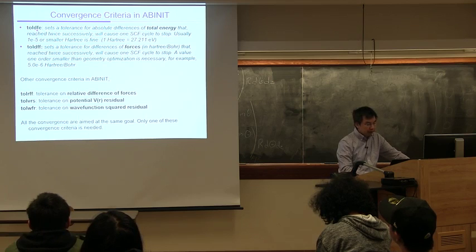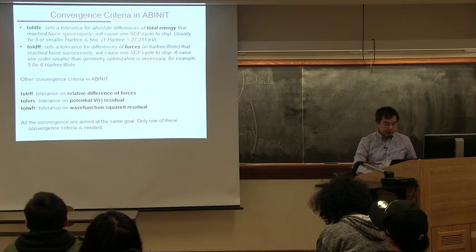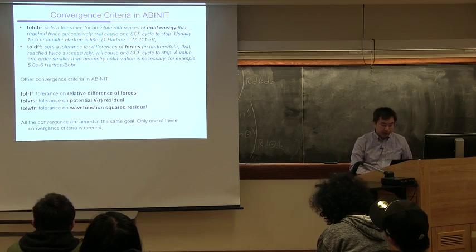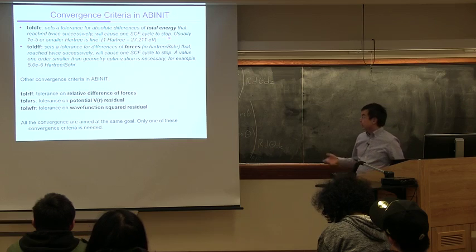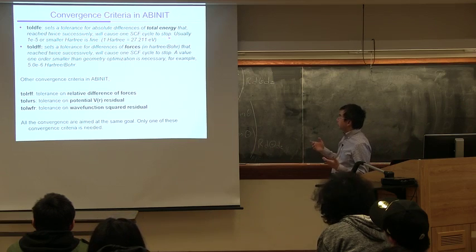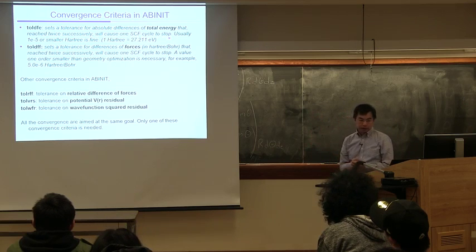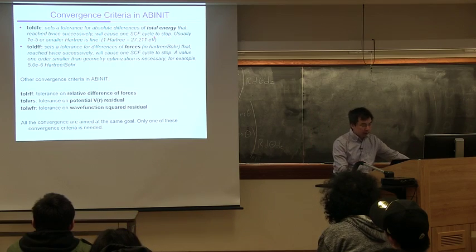So this TOLDFE sets a tolerance for the absolute difference of total energy that, if reached twice successively, will cause the self-consistent field cycle to stop, which means that if consistently the difference is smaller than the tolerance you set, you can stop the calculation and consider it to be converged. For example, we can set 10 to the minus 5 or smaller Hartree.